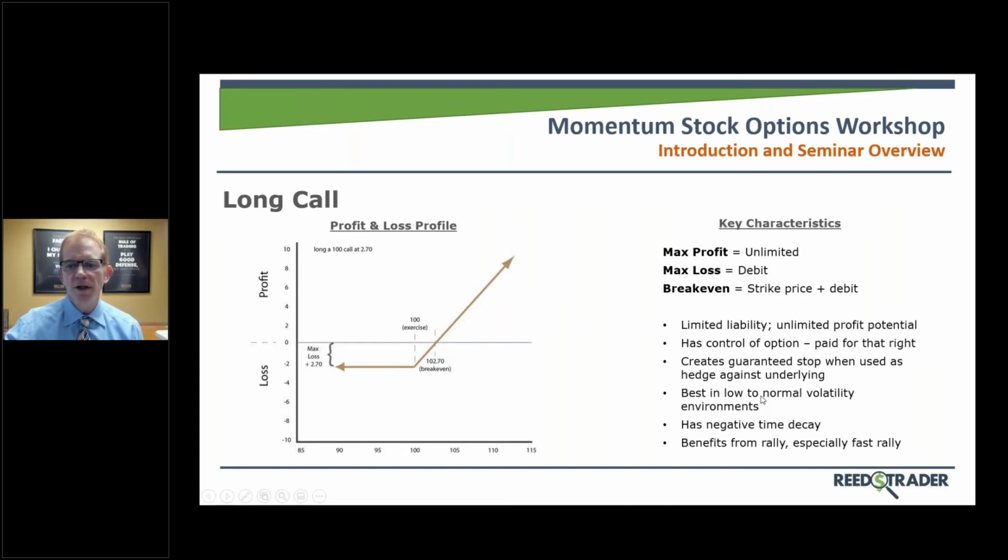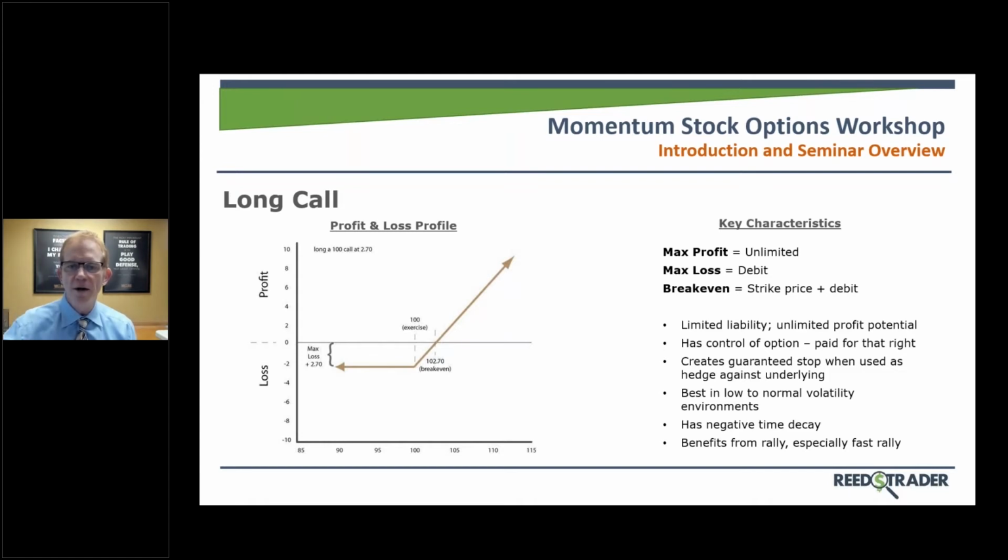Long calls are best in low to normal volatility environments. They have negative time decay. So we'll get into this a little bit more here in a minute. But basically what this means is every day that goes by that your option doesn't perform, it becomes worth less. It's working towards zero.